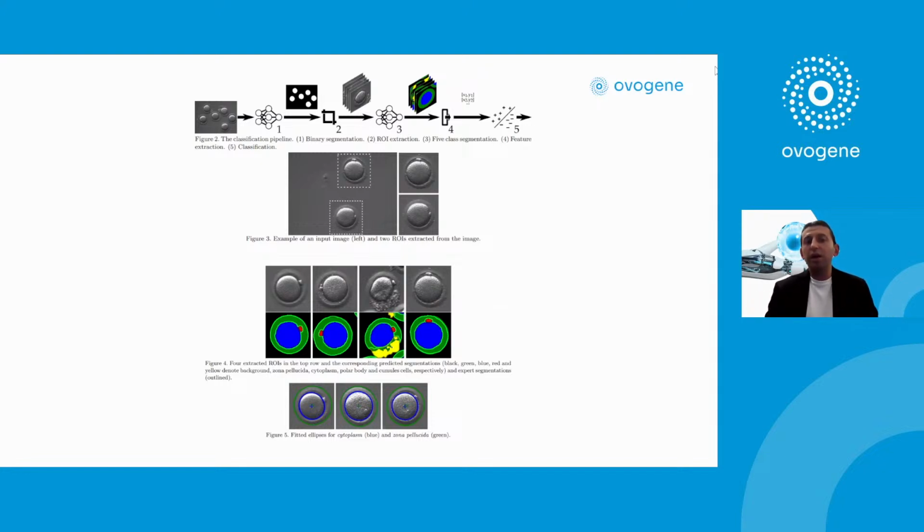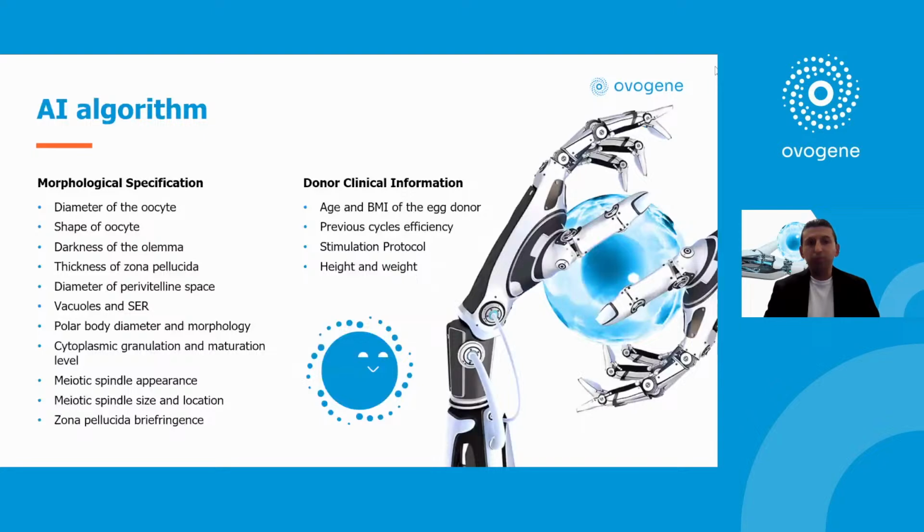When AI captures 3D images through the prism, it starts to calculate in the background mathematical components for different features, such as the polar body, perivitelline space, the diameter, or even spindle size and location. Our AI algorithm does not include only morphological specification, which can give only morphokinetic-based results.